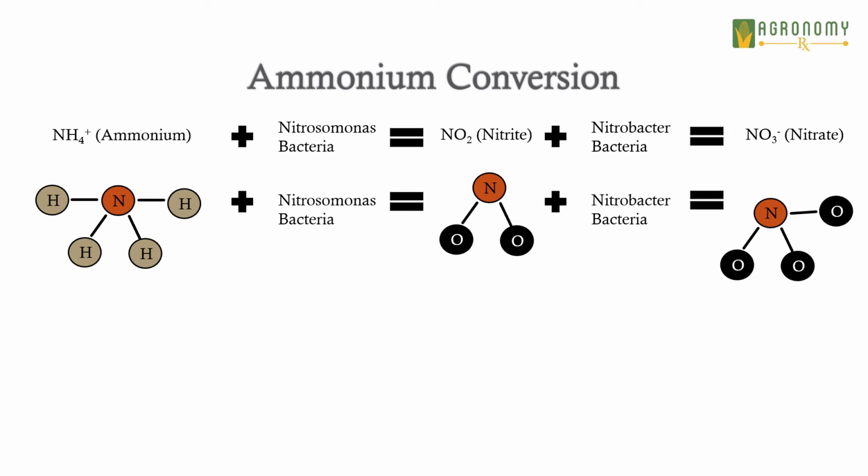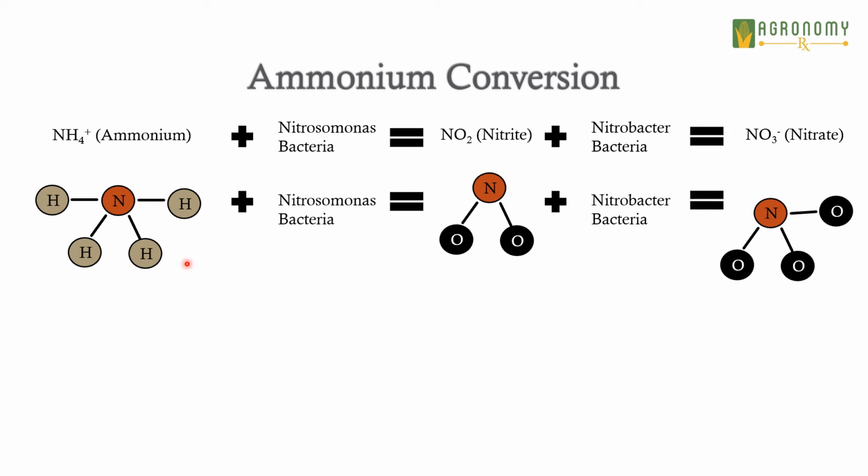So now that we've seen the conversion process all the way through, let's go back to our stabilizers for a minute. We know that the nitrification inhibitors protect the ammonium ion by putting the Nitrosomonas bacteria to sleep, rendering them inactive from doing their job, which allows the ammonium ion to stay in its chemical form.